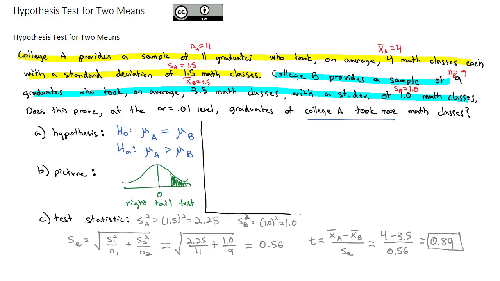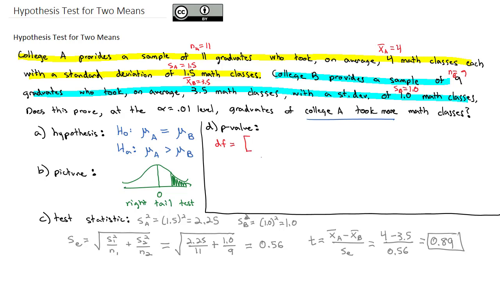Now, to find the p-value, I'm going to try and squeeze this on one screen. We'll see if it fits. To find the p-value, we first have to know how many degrees of freedom we're actually working with. Now, the degrees of freedom was that big ugly formula.